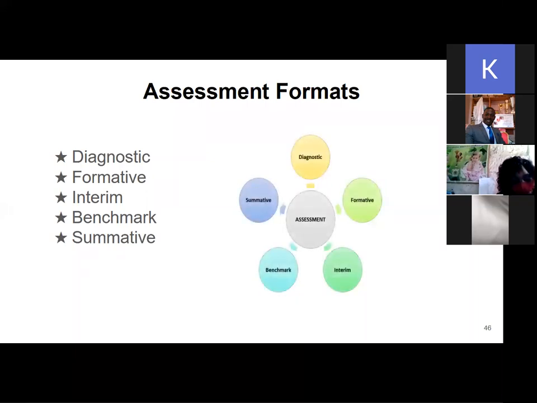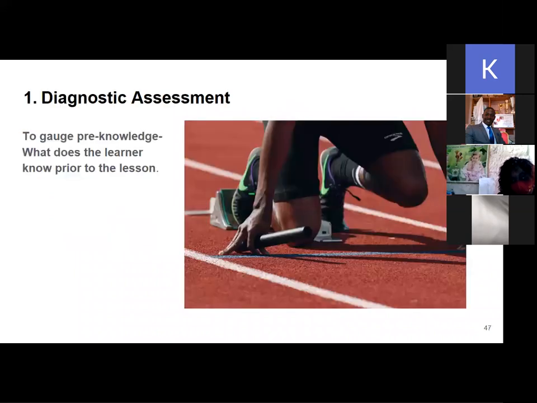So starting us off is diagnostic assessment. When you talk about diagnostic assessment, the word diagnosis in the normal context basically refers to an analysis of the nature or condition of a situation, which is exactly how you as an educator tend to use such a test.